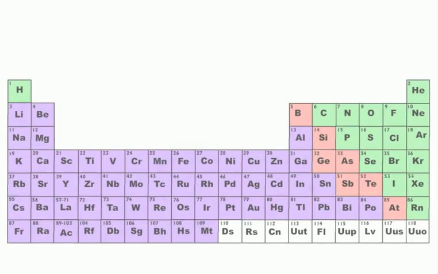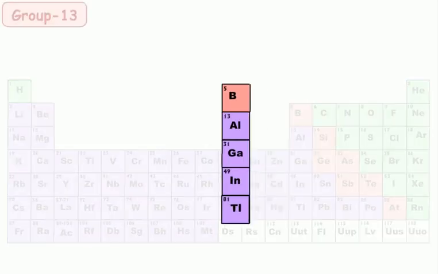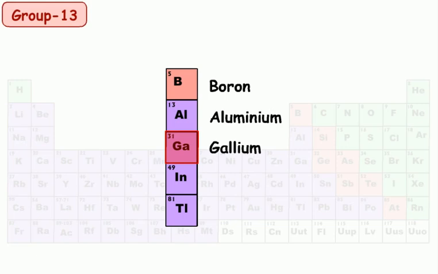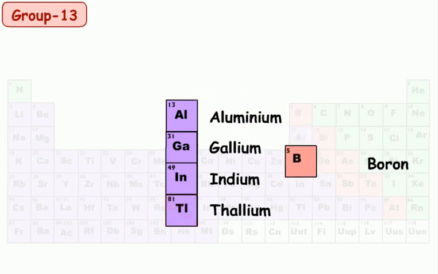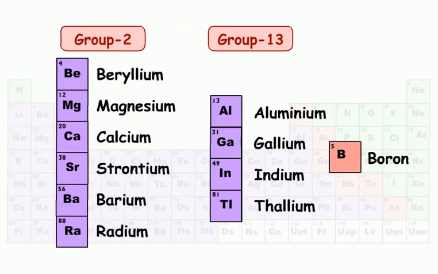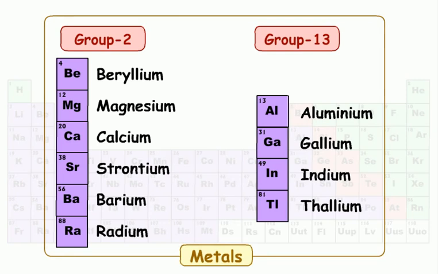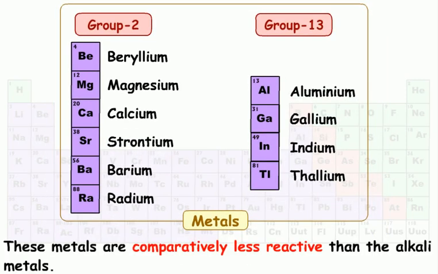And in group 13, we can see elements like boron, aluminium, gallium, indium, and thallium. Here, except boron, all other elements in group 2 and group 13 are also metals. These metals are comparatively less reactive than the alkali metals.